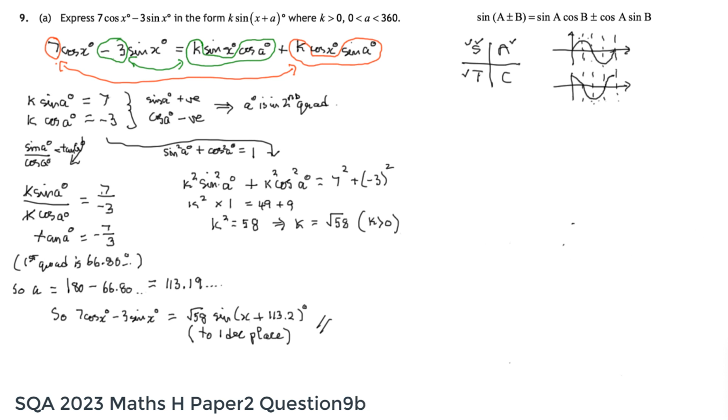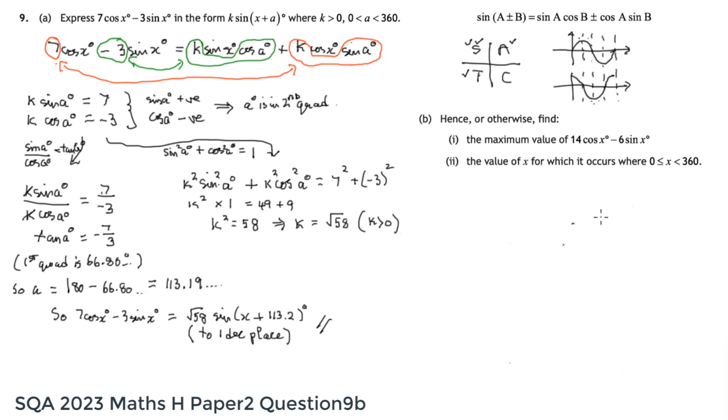So moving on to the second part of the question, part B, it says hence or otherwise find the maximum value of this expression. Now this expression is connected to 7 cos x minus 3 sin x. You'll notice it's double. Both of these terms have been doubled. So to find the maximum value, let's have a look at that one.